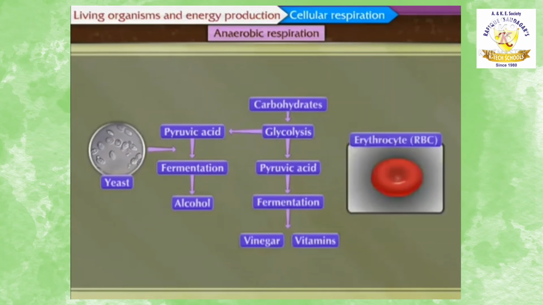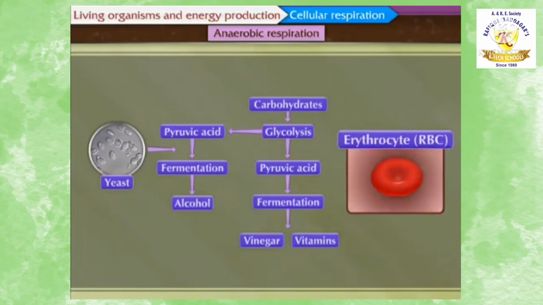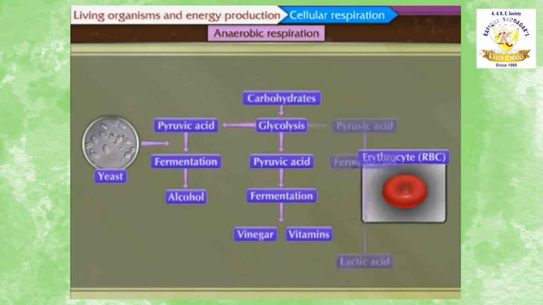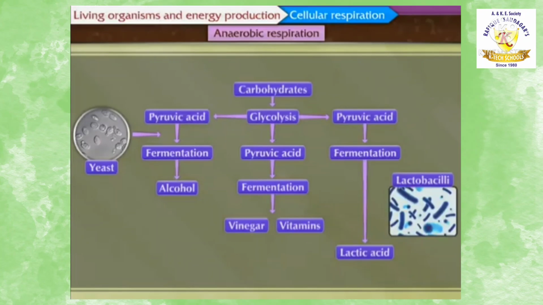RBCs or erythrocytes do not have mitochondria. So RBCs entirely depend on anaerobic respiration for energy production, and lactic acid is produced by fermentation. And similarly, lactobacilli, bacteria present in milk, after fermentation turn pyruvic acid into lactic acid.